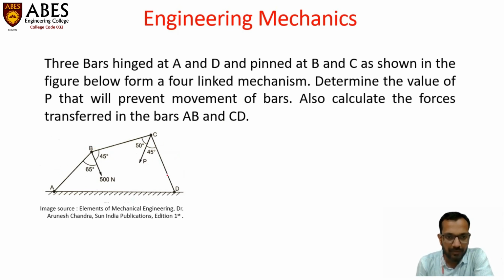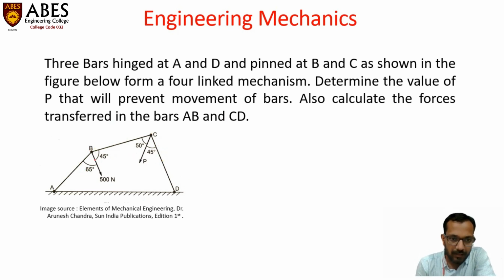This is the diagram of the problem which we are going to discuss here. This is basically a simple 4-bar mechanism in which the angular displacement of this link AB causes the movement of the bars BC and CD respectively, or it can reverse its direction of movement also.